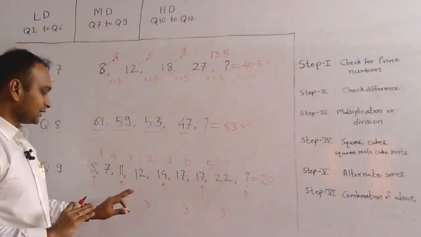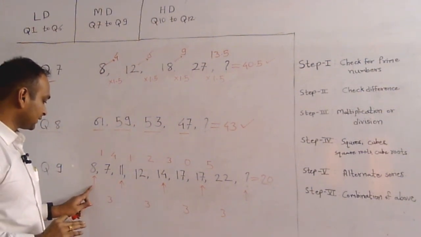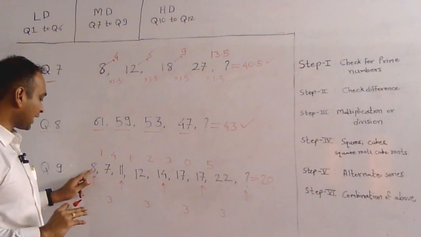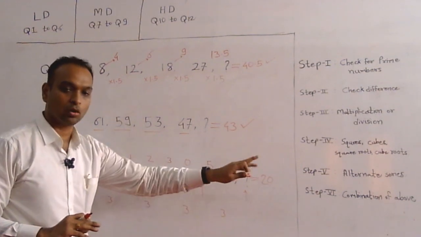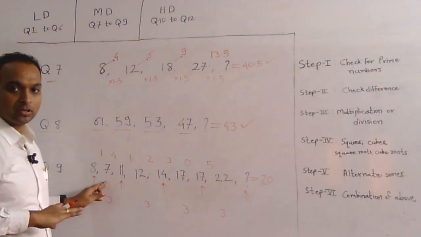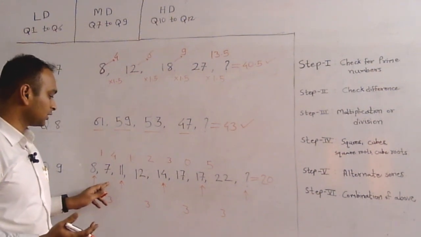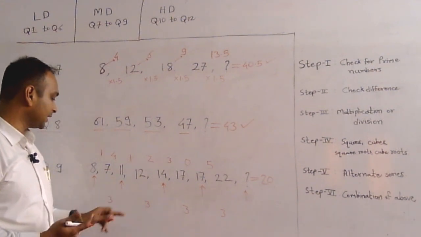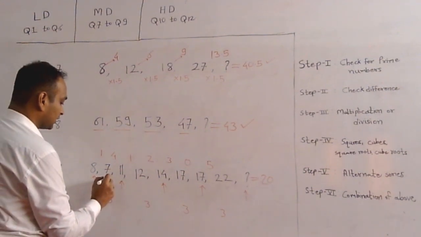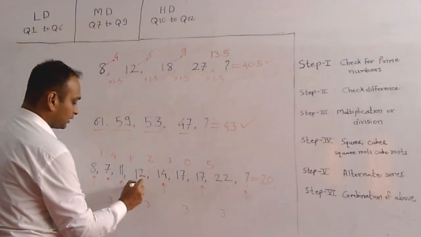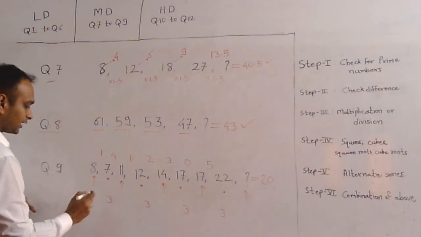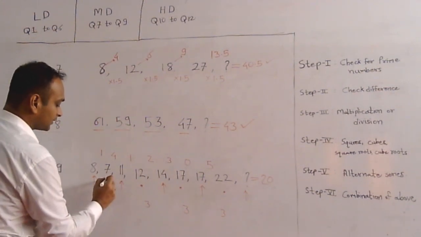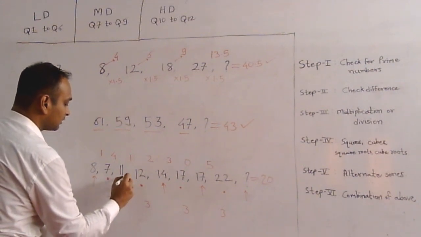Okay. Now in this case, we have checked for these numbers, the numbers where I have made arrow 8, 11, 14, 17 and so on. But what about the remaining numbers? We also need to check some logic for the remaining numbers. So if we check for these numbers 7, 12, 17 and 22, let's check the difference here again. 7 and 12, the difference is 5.